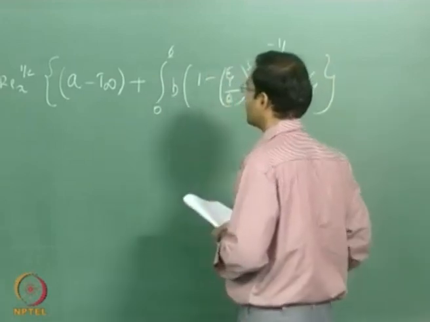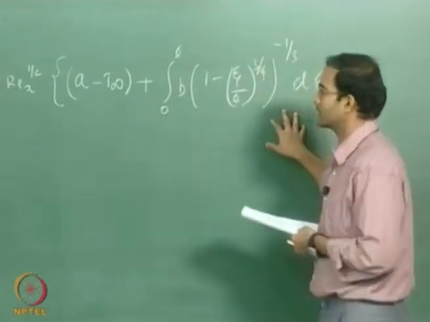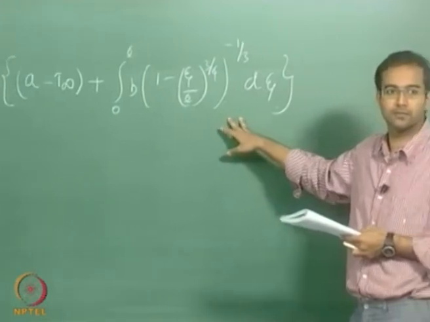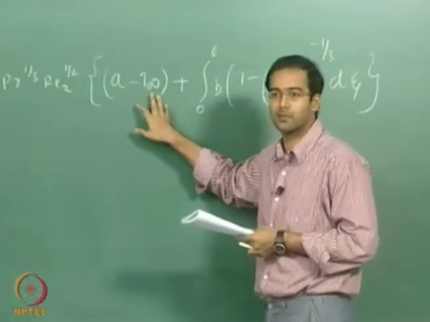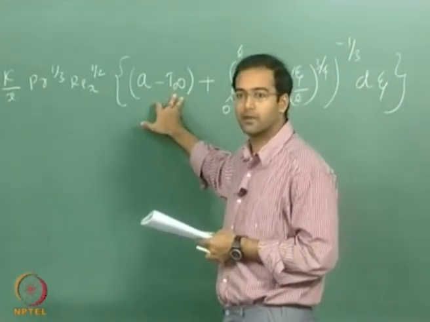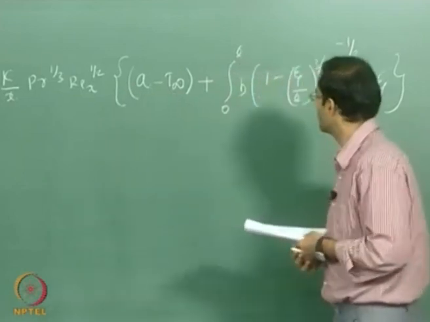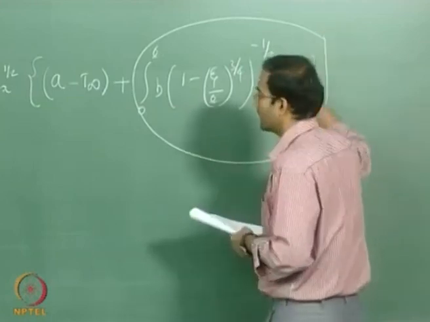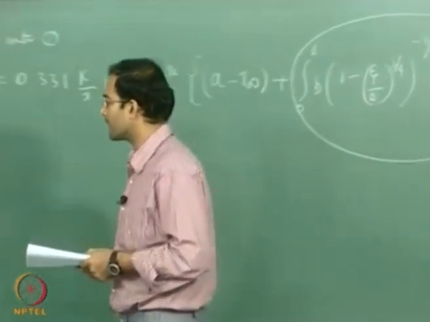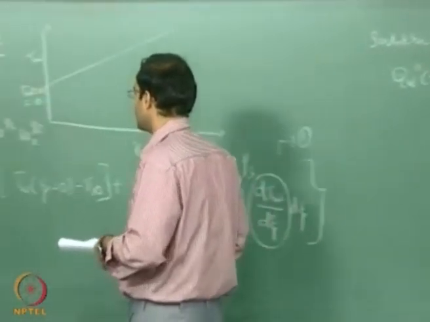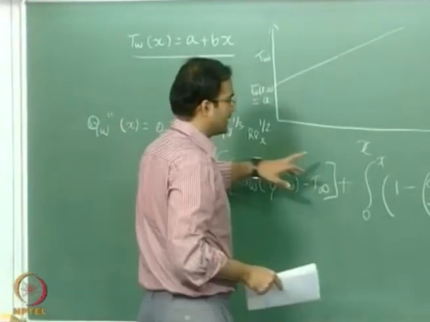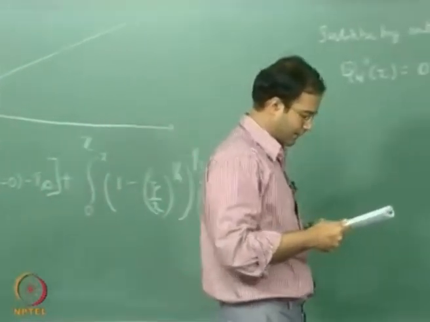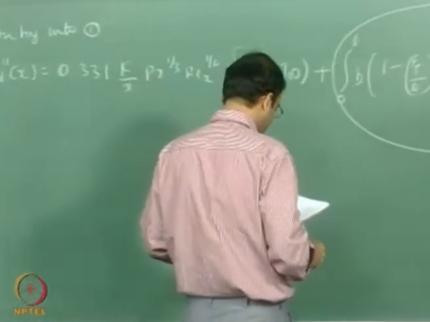Now all we need to do is evaluate this integral, because everything else is known. T infinity is given for this problem, a is a constant, b is a constant. So we need to find this particular integral, which we will reduce to a standard form.